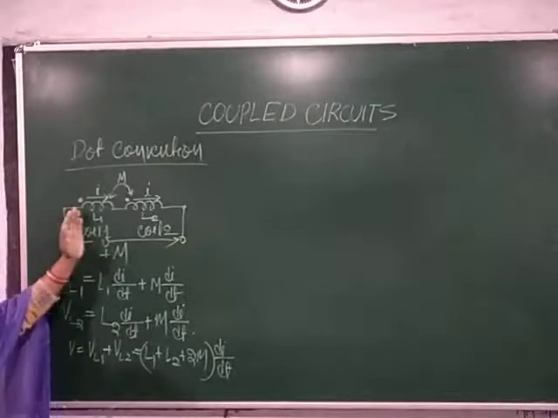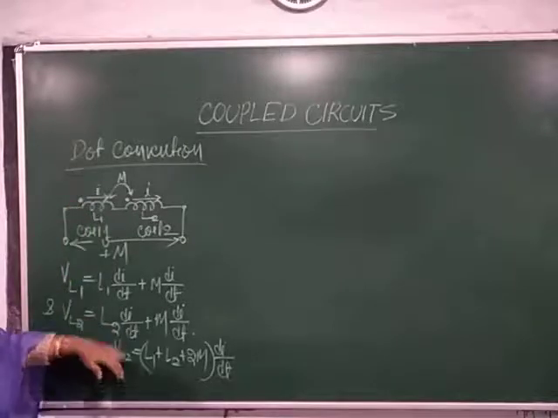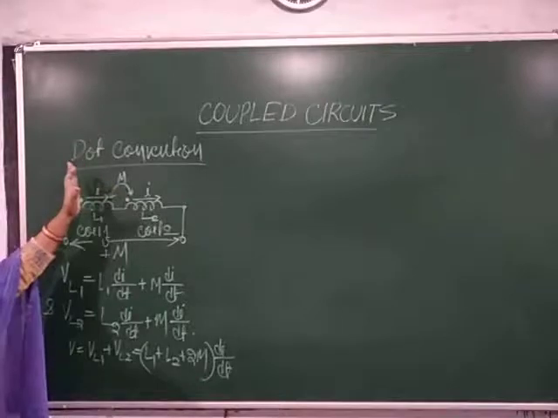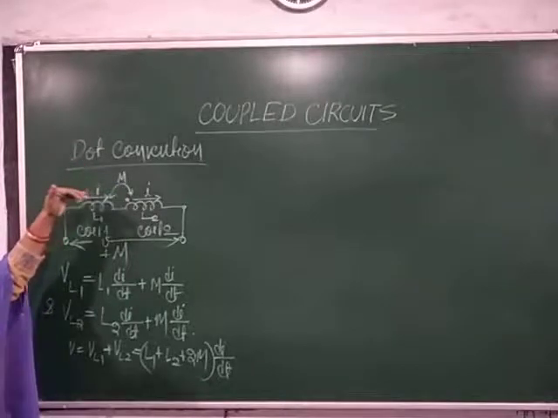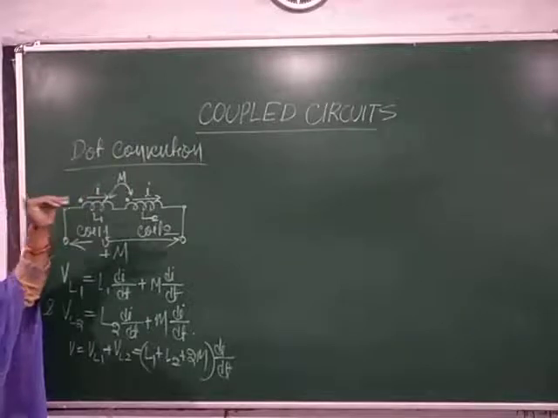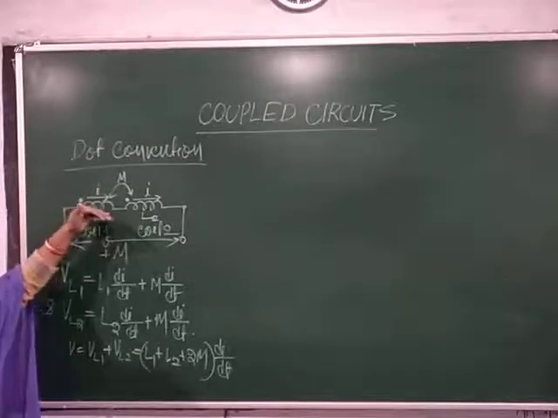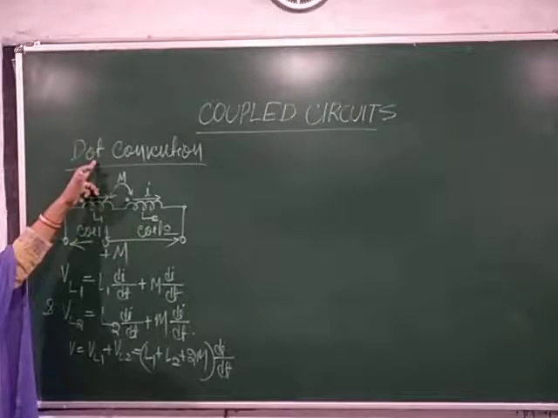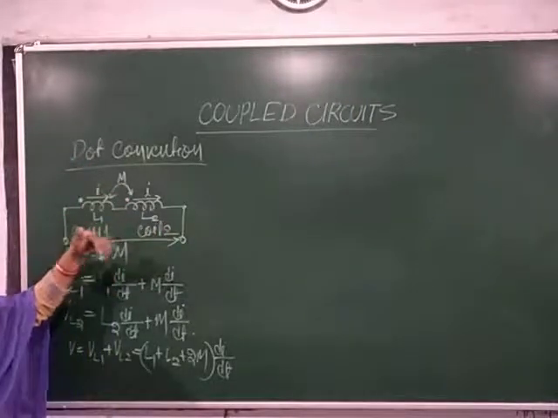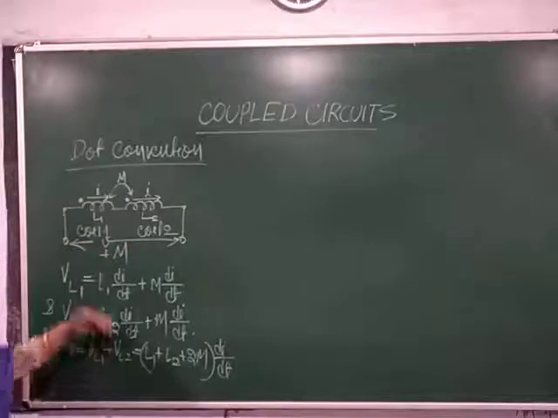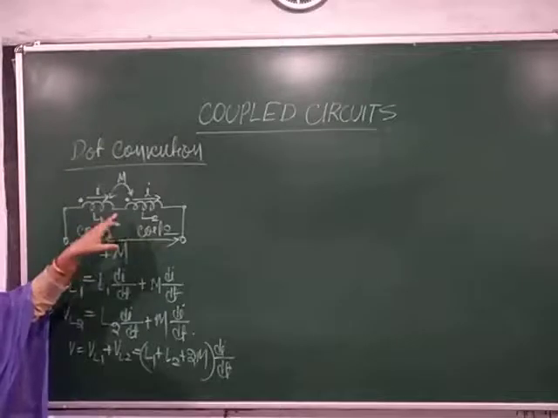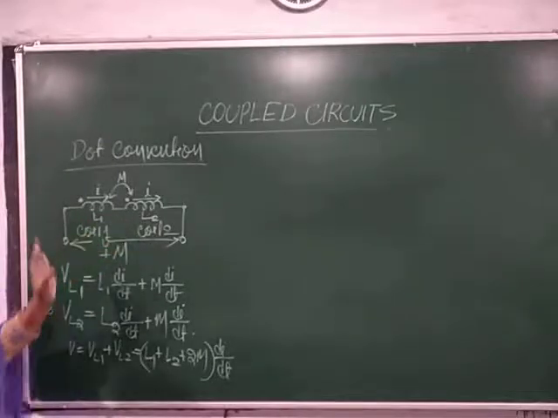This is for the coupled circuit, and how do you get it? By using this dot convention technique. Clear? So in this dot convention technique, I have discussed what the dot convention technique is, what its utilization is, and how you find the voltage by using this technique in the series coupled circuit, that is, the conductively coupled series circuit.